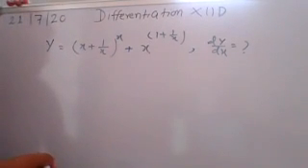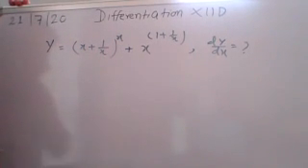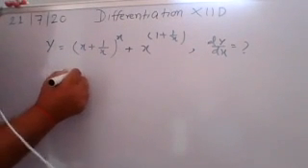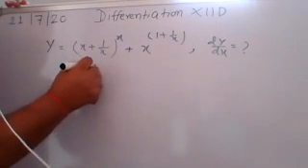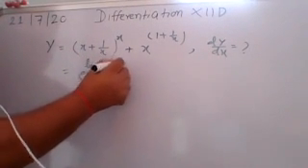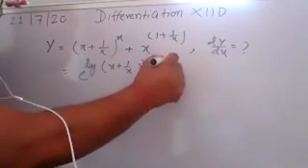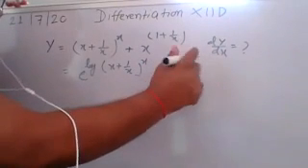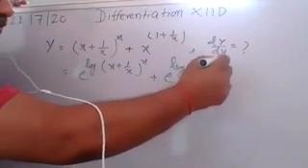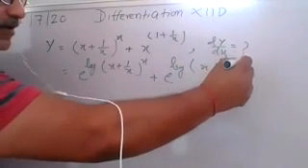Here you express the given function in the form of e to the power log. Now you express that in the form of e to the power log, so that is equal to e to the power log of (x plus 1 upon x) whole power x, plus e to the power log of x whole power (1 plus 1 upon x).